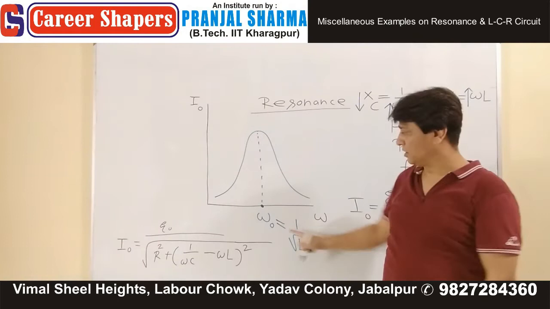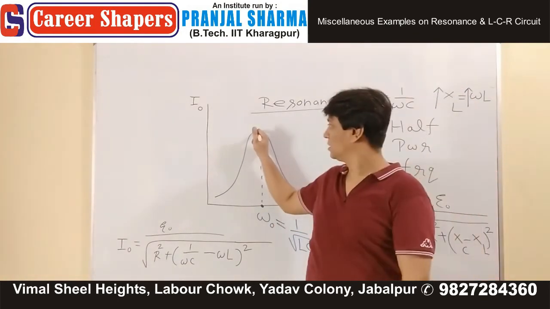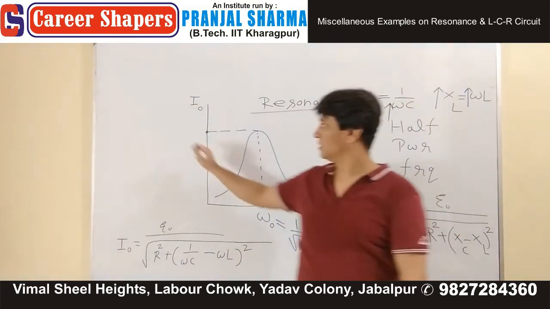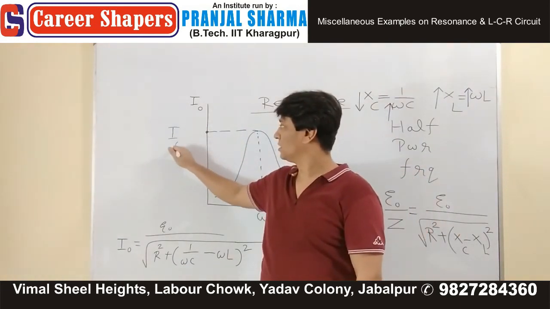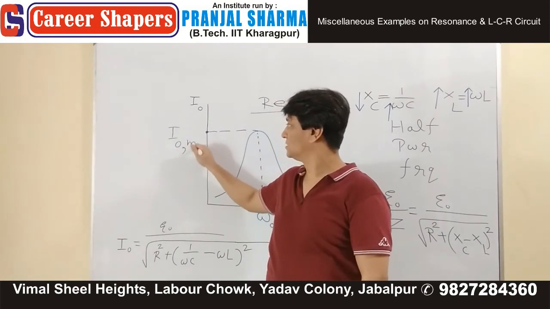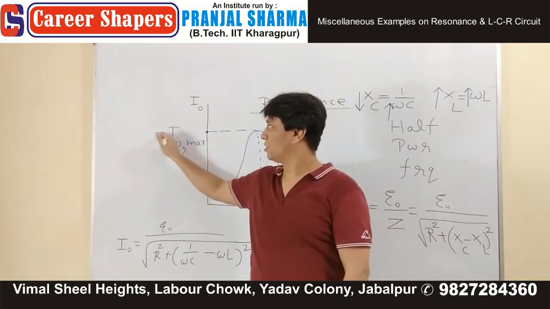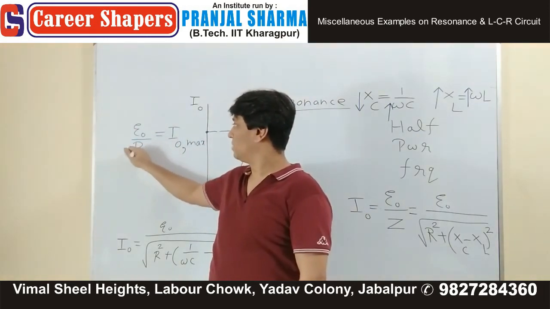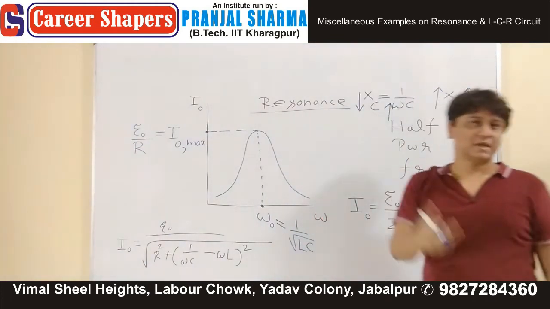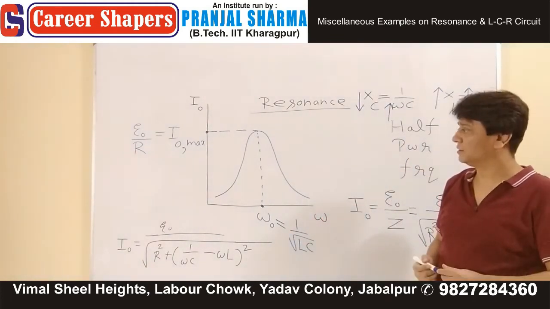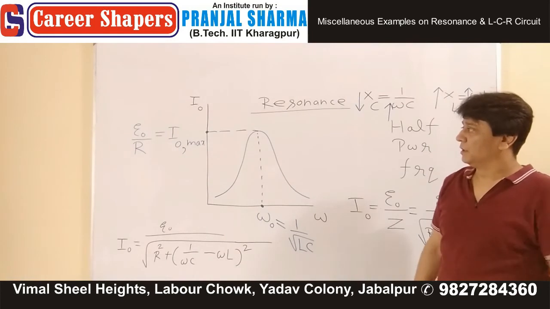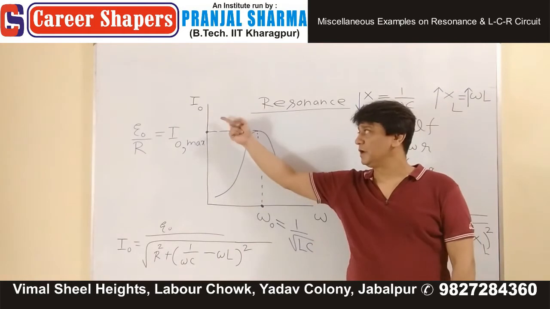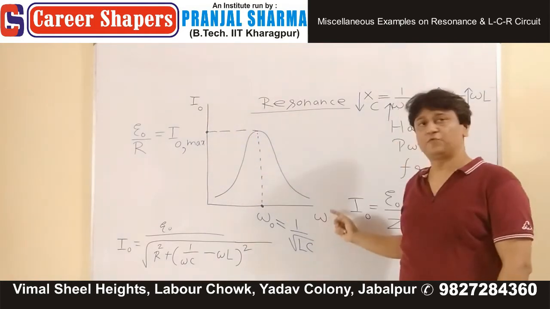When the angular frequency is omega naught, you get maximum peak current, I naught max. What is I naught max? E naught divided by R. E naught divided by Z, and Z you know is what? R. This is the graph between peak current and frequency.